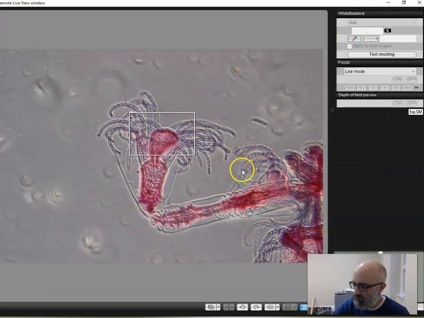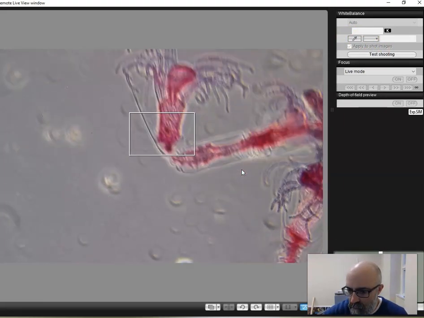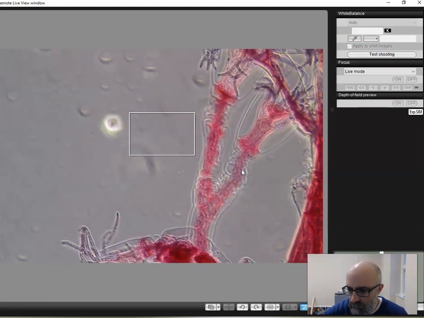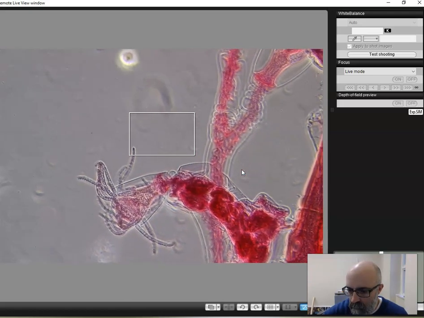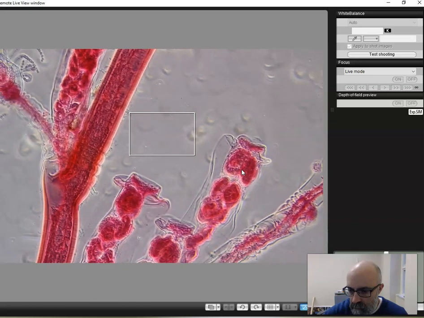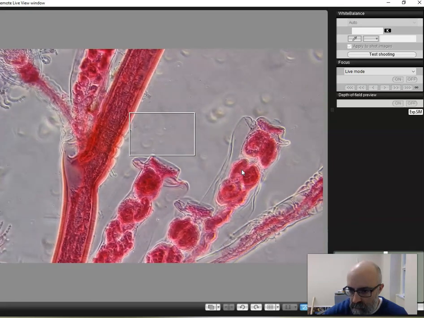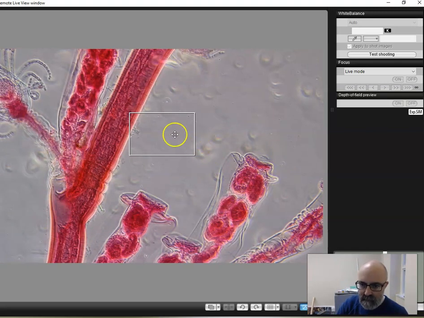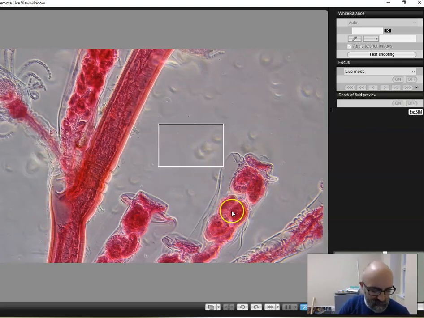Here, I saw down here a reproductive polyp. So this polyp here is not focused or specialized for feeding, but inside we see those small little medusa that can fracture off.